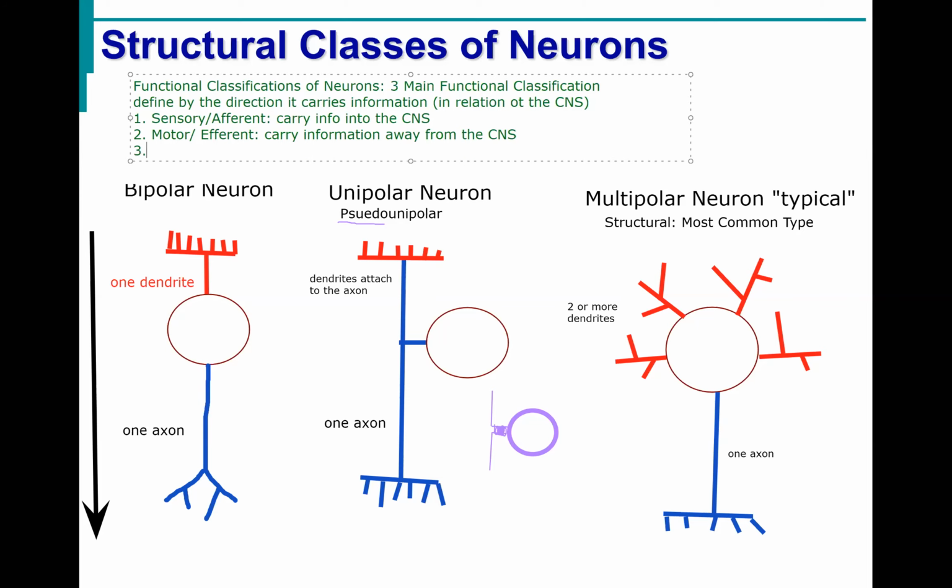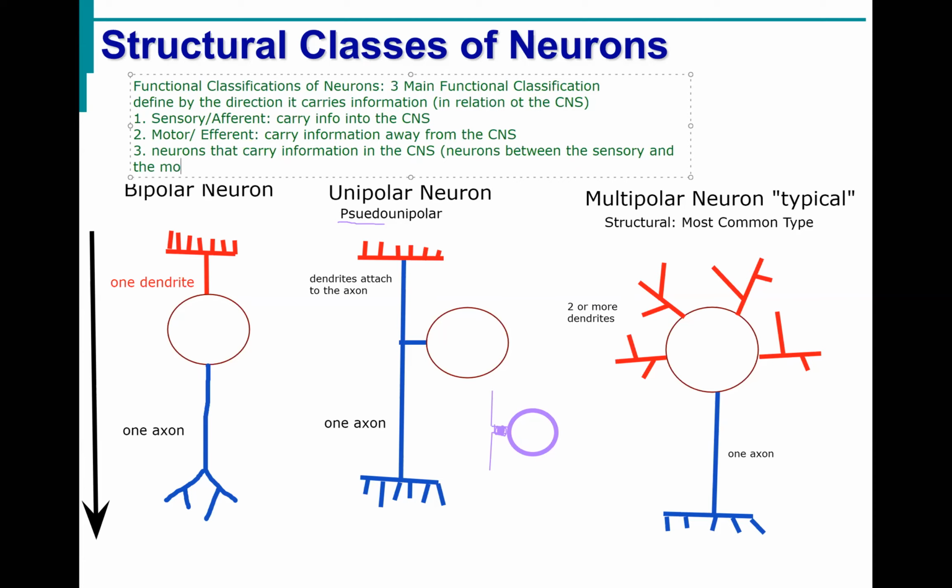Neurons that carry information in the central nervous system, the neurons that are between the sensory and the motor.